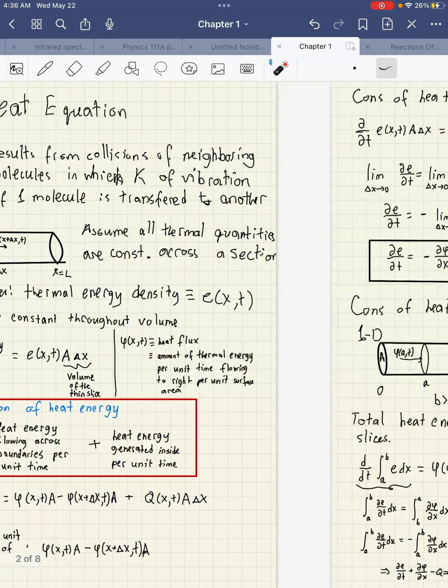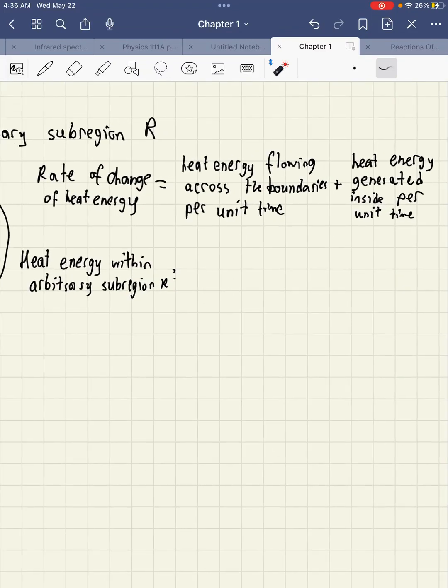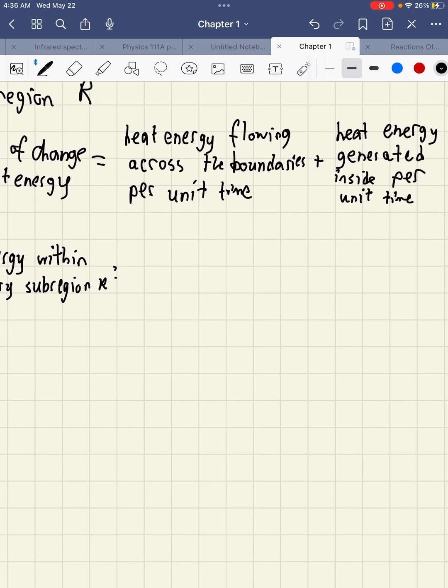But now, in this case, our volume is just going to be the volume integral. So we're going to define our energy density, so the volume integral within that subregion, dV. Now what will be our energy density?